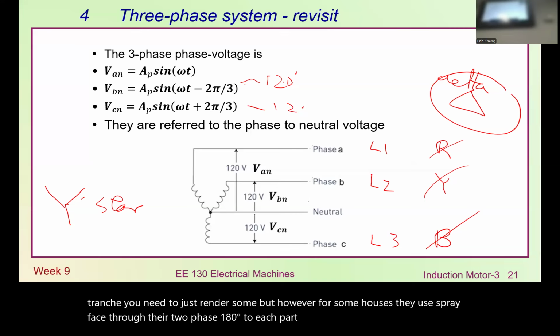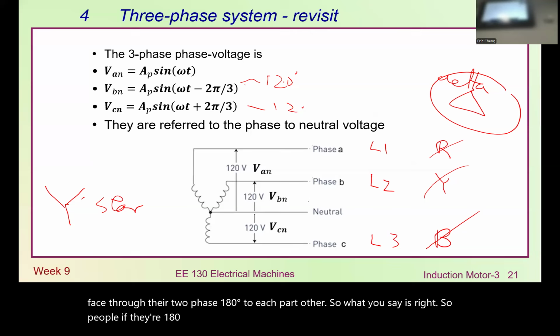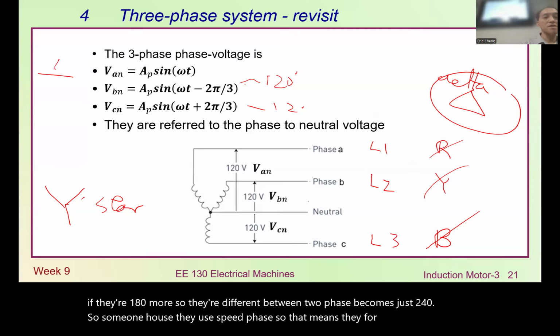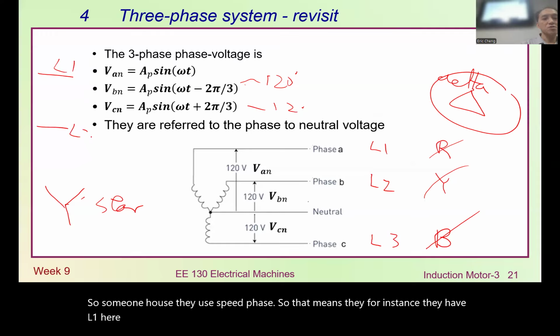So what you say is right. If they're 180 degrees apart, the difference between the two phases becomes just 240. Some houses use split phase. So for instance, they have L1 here, then L2, and a neutral in here.